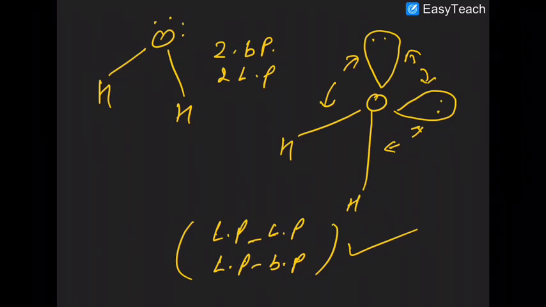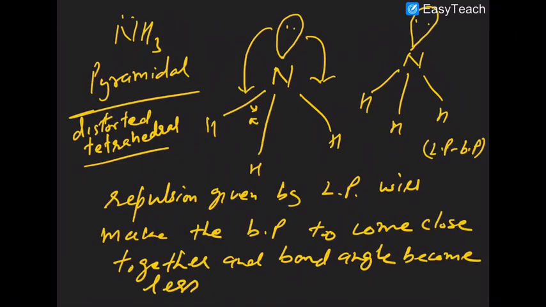So in this case, what can you say? The bond angle A is less than 109 degree 28 minutes. Here in this case also, the bond angle is X, and the value of X is less than 109 degrees.